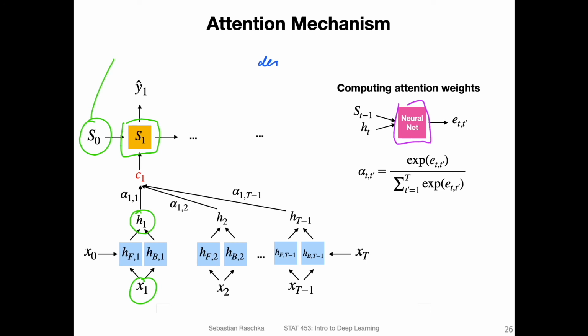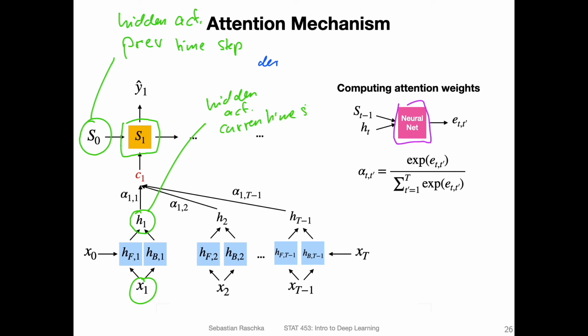So this is the previous hidden activation, and this is the current time step. This network here takes both as input, the information from the current time step and the information from the previous time step, and then outputs a score E.